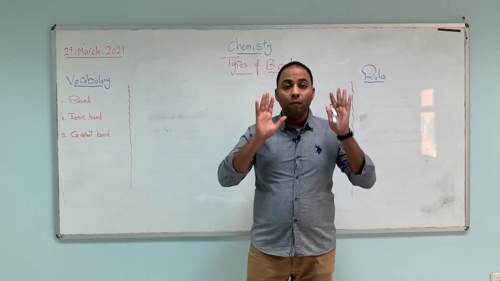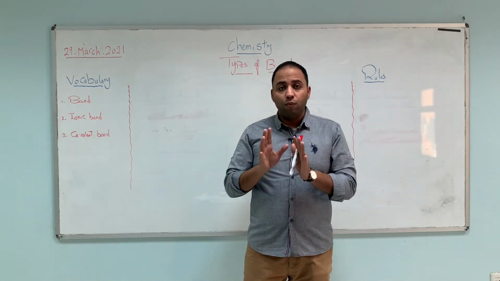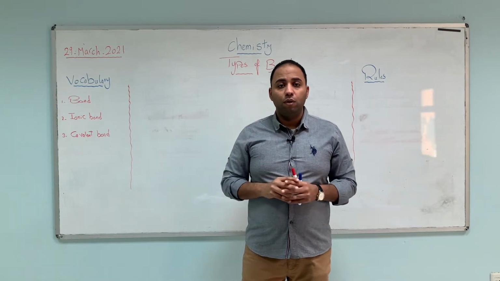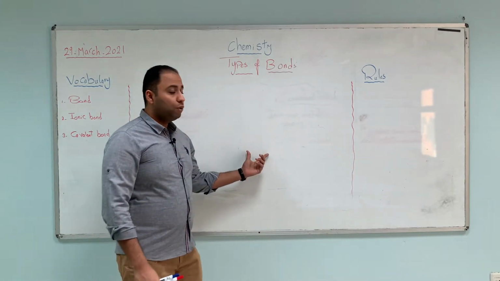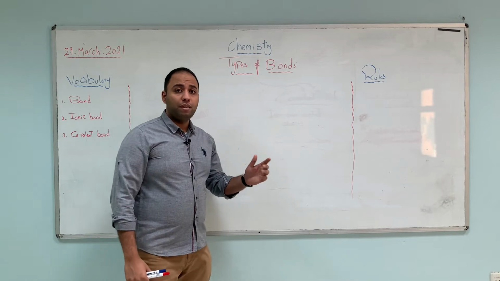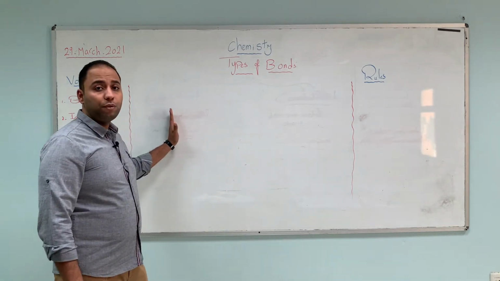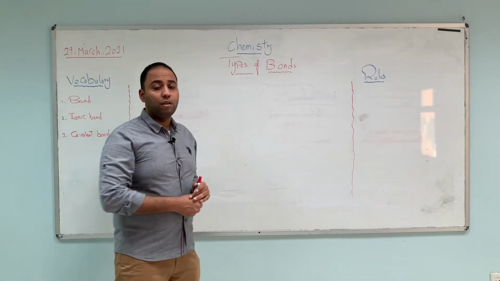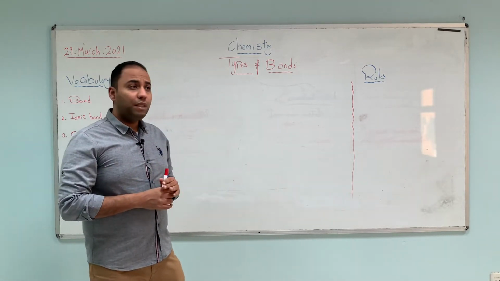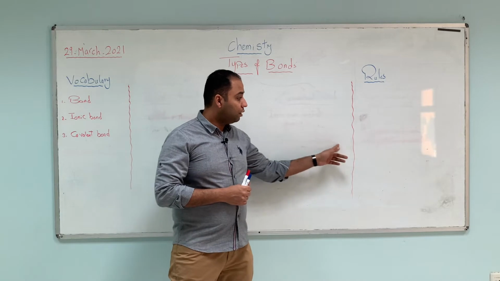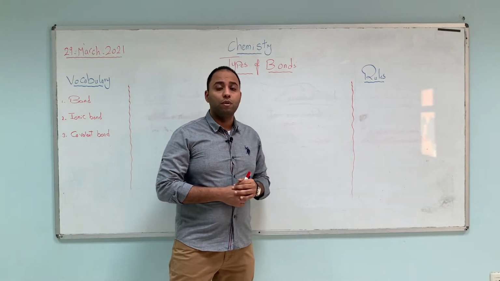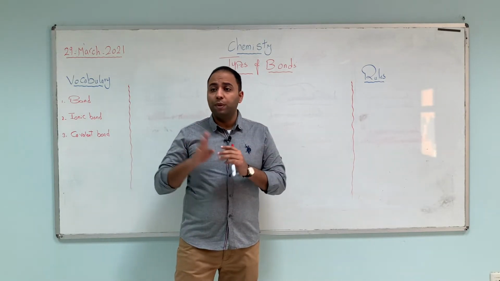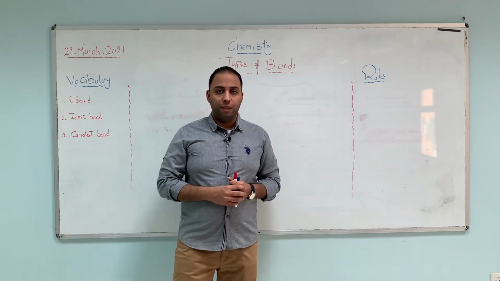Where is the place of these elements inside the periodic table? If we consider this board as a periodic table, you find the metals at the left side and the non-metals at the right side of the periodic table. What about the metalloids? Metalloids are like a chair here inside the periodic table. They carry the properties of metals and non-metals.